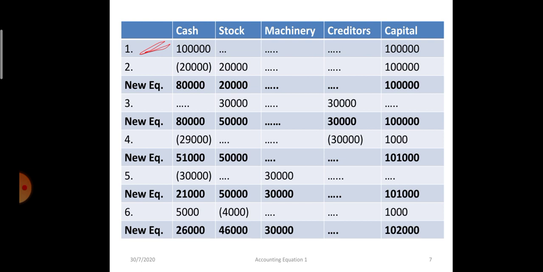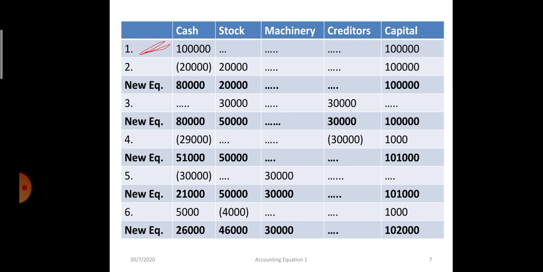See, both sides of the equation are equal. Creditors and capital represent the liability side, whereas cash, stock and machinery represent the asset side. Now see the second transaction, when goods were purchased for cash: cash will reduce by 20,000 and stock will increase by 20,000.